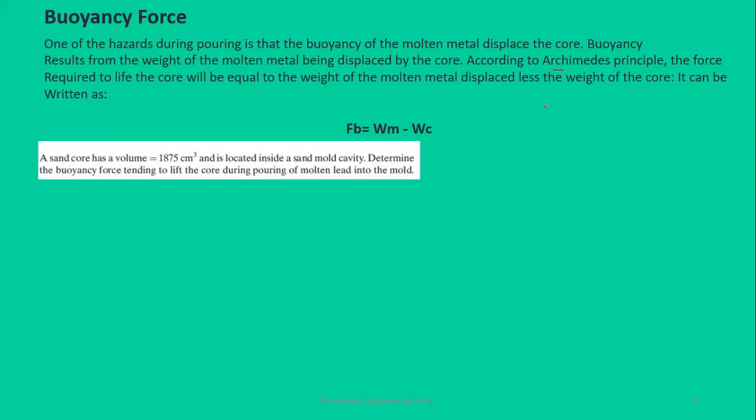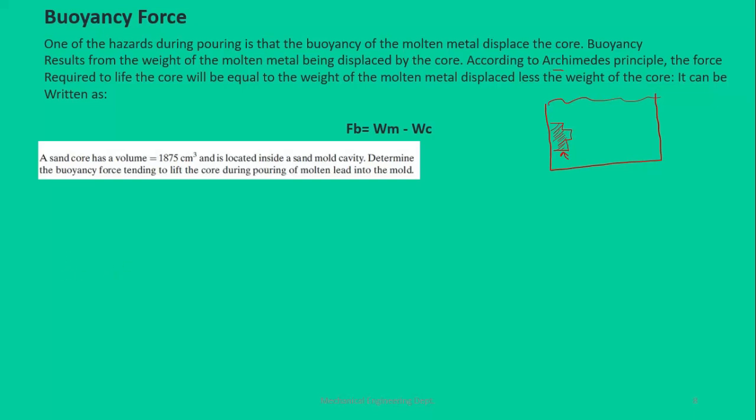Let's suppose you have a flask here, and this is the core of your sand casting. The molten metal is being displaced from this region. So the weight of that molten metal, minus the weight of this body itself, would be the buoyancy force acting on this body, right?